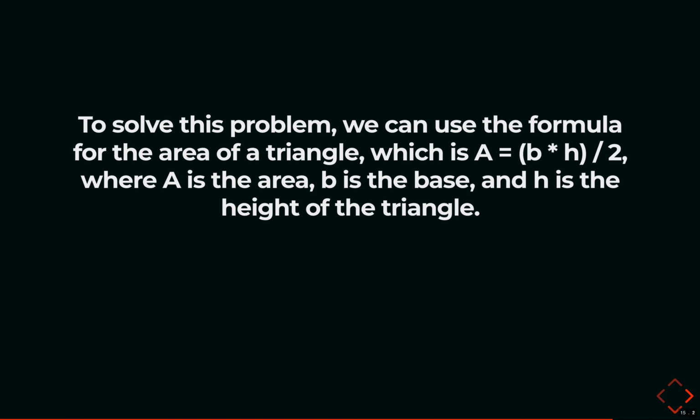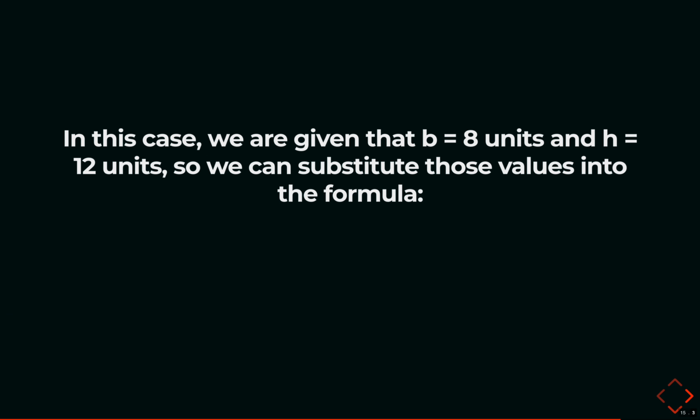To solve this problem, we can use the formula for the area of a triangle, which is A equals base times height divided by 2, where A is the area, B is the base, and H is the height of the triangle. Here's our formula. In this case, we are given that base equals 8 units and height equals 12 units.